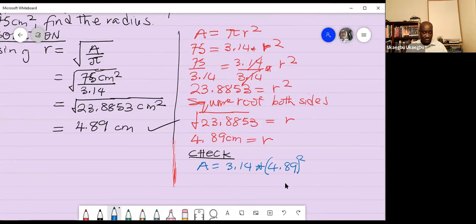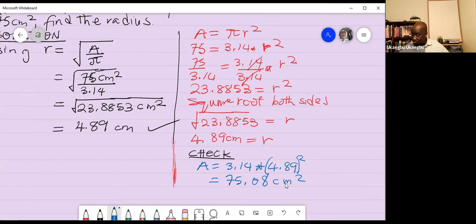So just press 4.89 squared, you hit enter, and then you multiply by 3.14. That gives us 75.08. So that's correct.